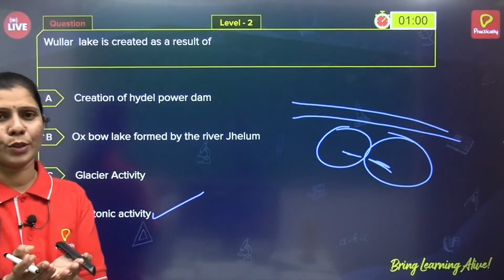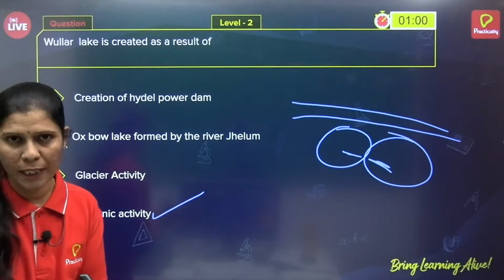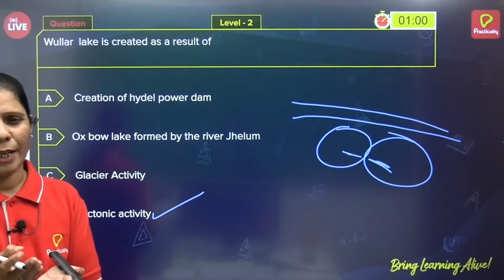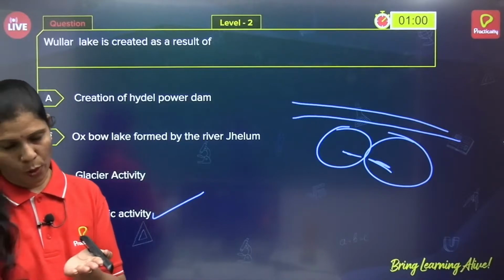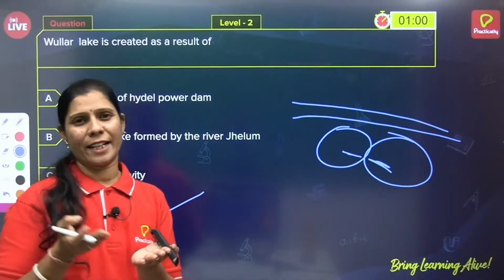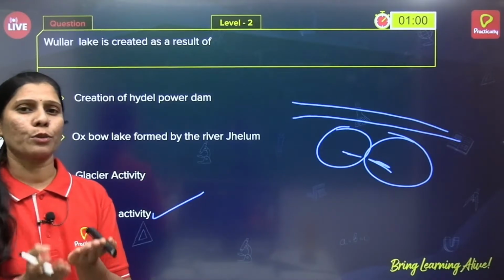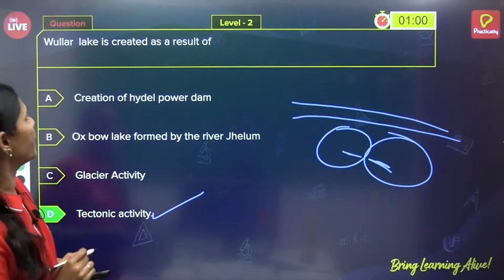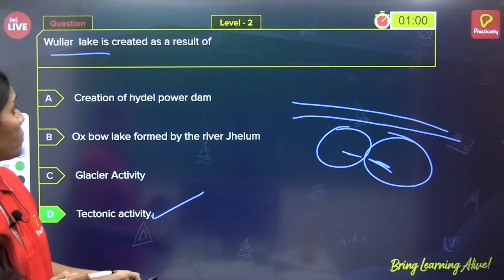Due to this, on landforms we find earthquakes and landslides, different types of natural disasters. In water bodies, we can see a tsunami due to this plate movement. So due to this tectonic plate movement, the Wular Lake has been created. Please note it down.